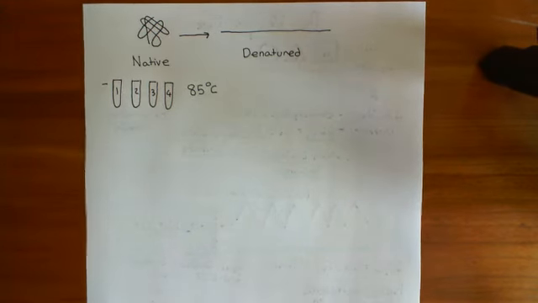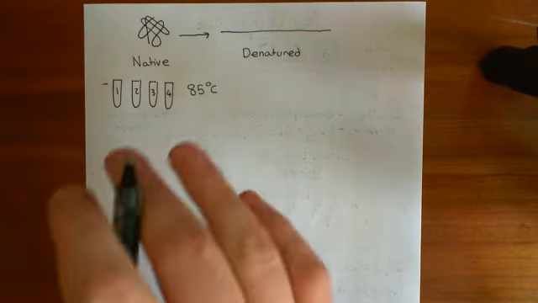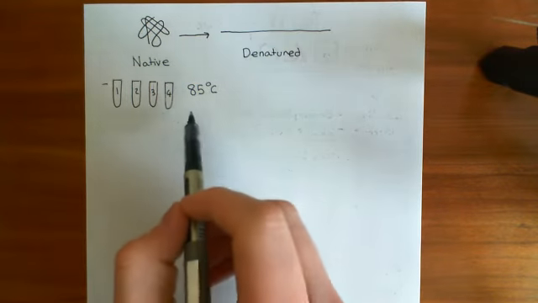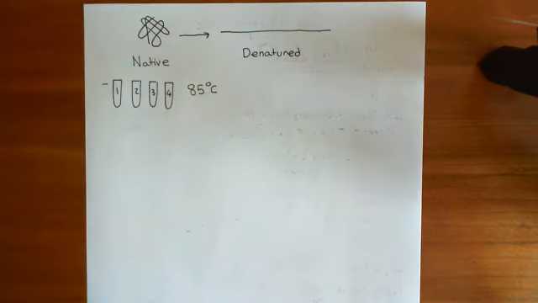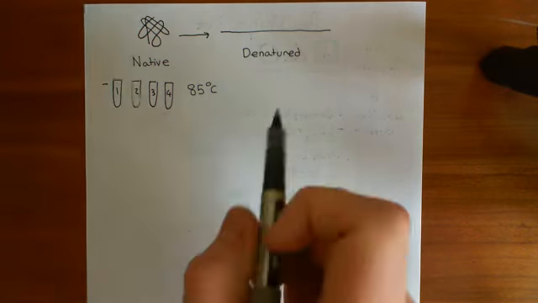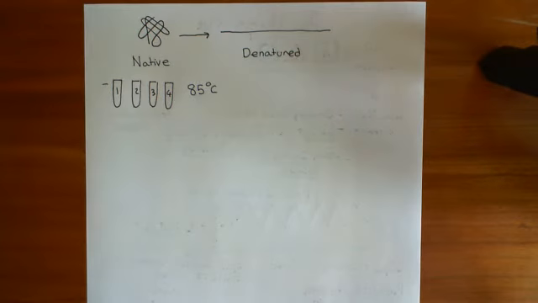It is not, however, enough to break the disulfide bonds. So if we had not added that reducing agent, i.e. dithiothreitol, then the disulfide bonds would not break. Even though most of the bonds would break at 85 degrees Celsius, the disulfide bonds between cysteine residues would remain intact, and that would stop the protein becoming truly denatured.